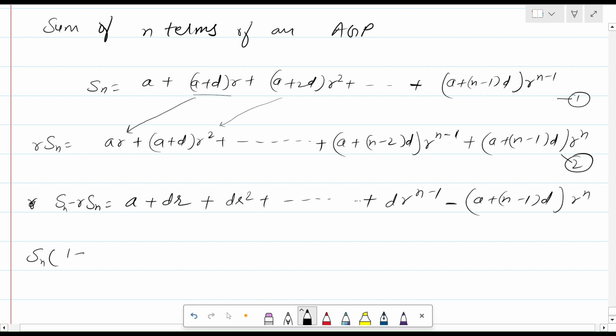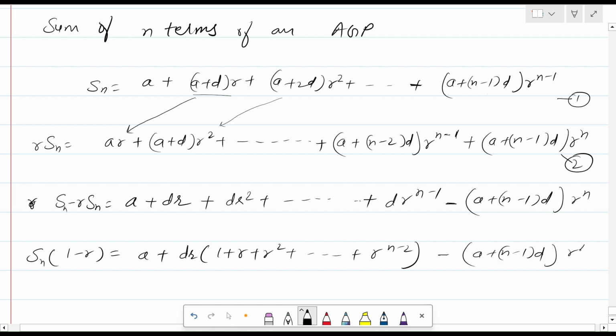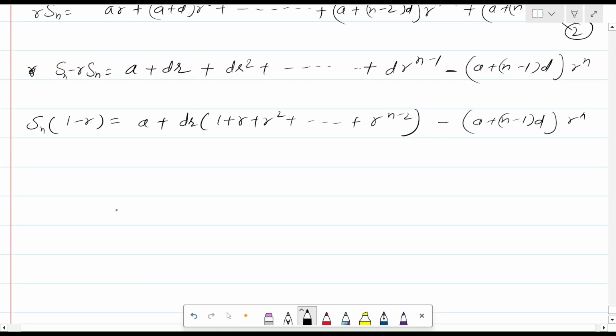Sn times 1 minus r is equal to a, it's the same. If I'm taking dr common, then what will it be? 1 plus r plus r square plus up to r to the n minus 2. Clearly? Okay. So now this is in GP with common ratio r.